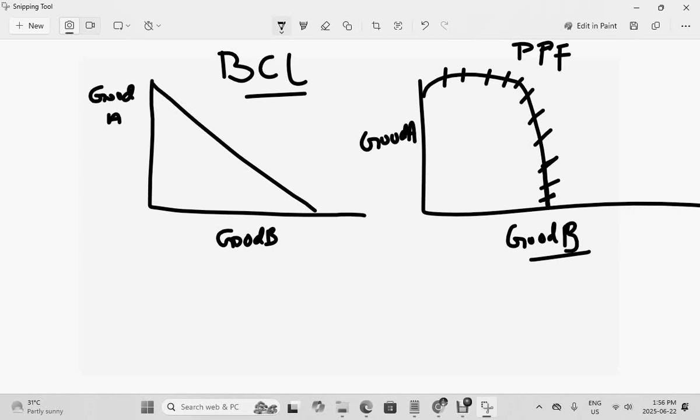Now, notice this is a straight line and this is a curve. The reason your budget constraint line is a straight line has to do with the relative prices of these two goods. Suppose you were to take $10 from your bank account and had to decide where to spend each and every dollar.